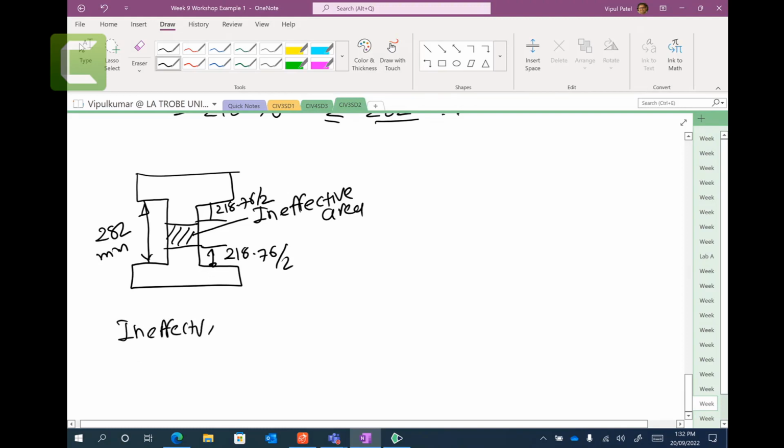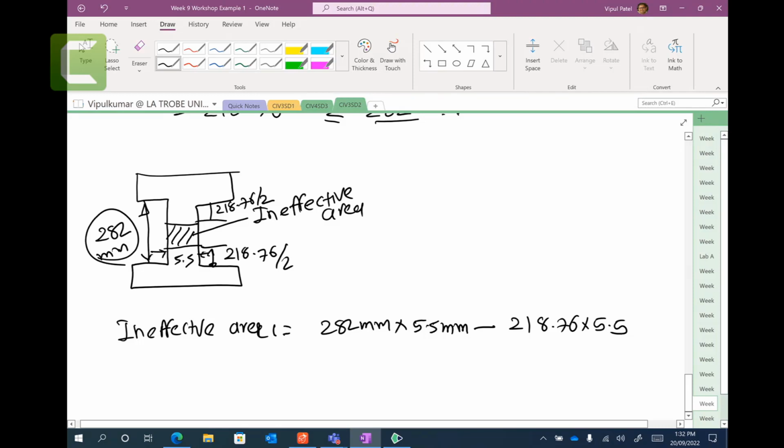Ineffective area equal to 282 millimeters times thickness 5.5 millimeters. Take away these parts, which would be 218.76 times 5.5. So what would be your effective area?